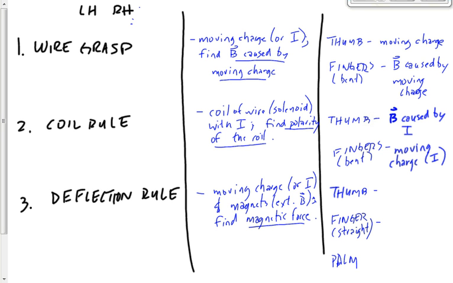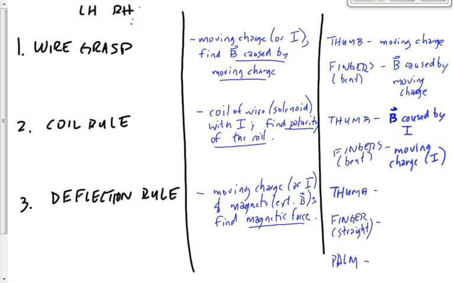Make sure that when you're using this hand rule for deflection, thumb, fingers, palm, they're all 90 degrees to each other. Right now you can see my hand. My thumb points on the x-axis, my fingers are on the y-axis, my palm is on the z-axis, so we've got 3 axes there. We can't just put our thumb in the direction of the fingers. We've got to make everything 90 degrees to each other. Otherwise, this rule doesn't work.